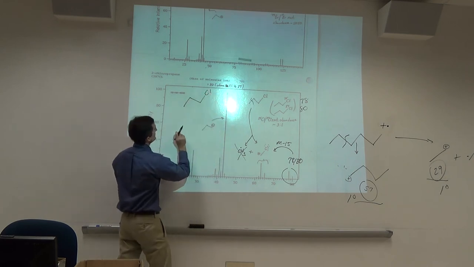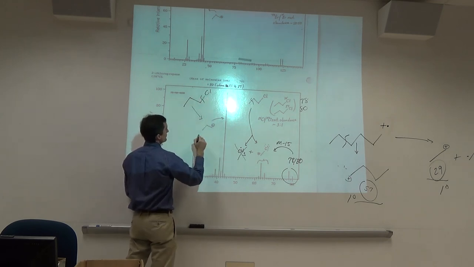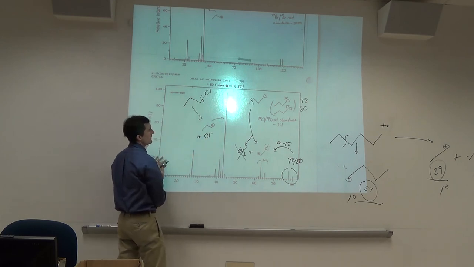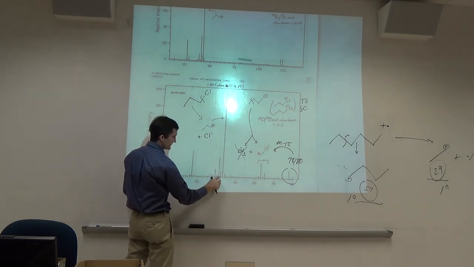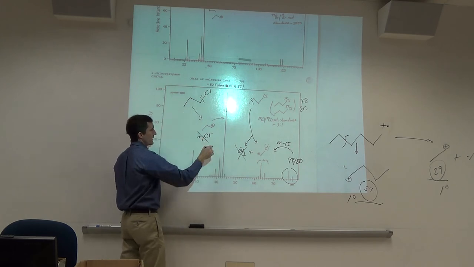To get this, we cleaved here to give this plus Cl radical. That shows up, what's that, 43? And the chlorine radical doesn't show up.